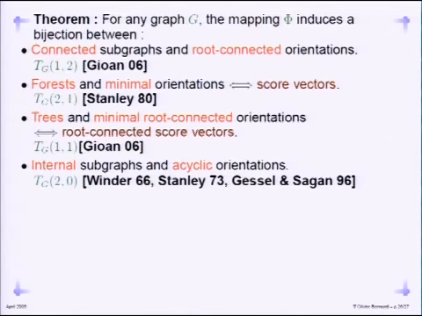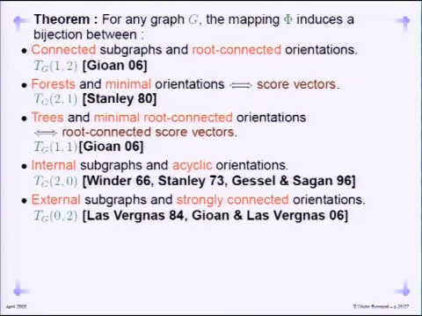If you take internal subgraphs, you will find acyclic orientations, and there was already a bijective proof by Sagan and Gessel. This was first formed by Winder but rediscovered by Stanley, the enumerative result.